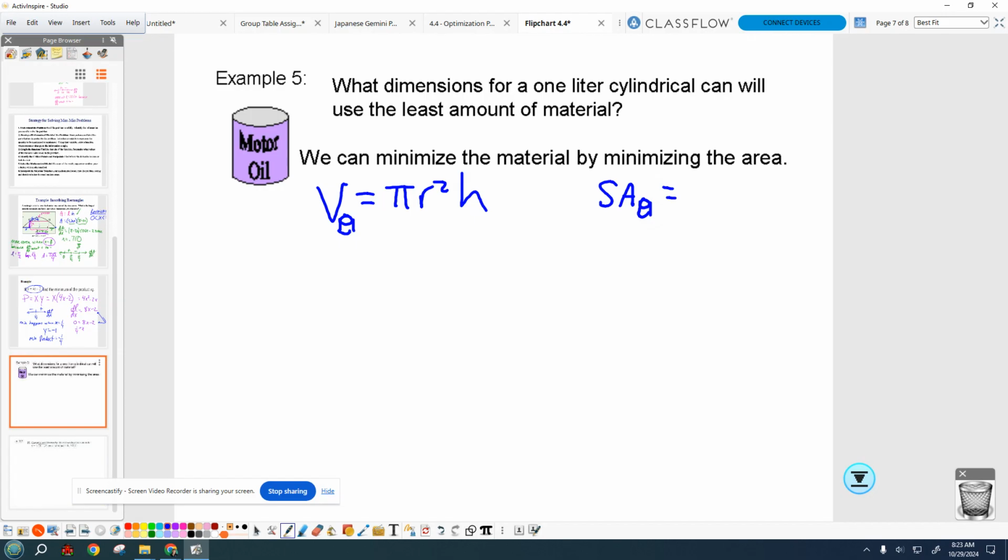We did talk about one of these the other day, though. What's the surface area of the cylinder? I'm assuming the can has a top to it, because we don't want the oil to reflow. Okay, I will pick on one of the speakers. Naomi.